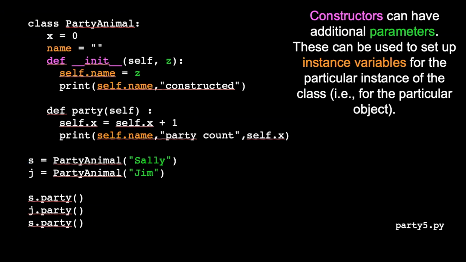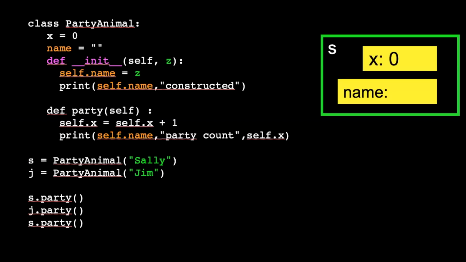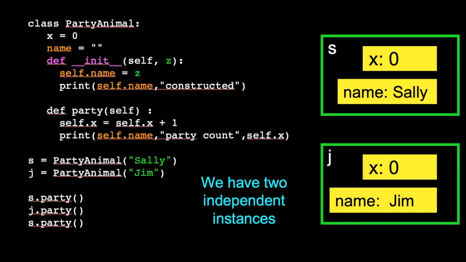Let's see, what else? Yeah, this is exactly the same thing as before, and I think we're running the same code as you can see here. This is kind of like a fast-forward version of what I had earlier. You have S and J, and S and J are in two different memory locations.